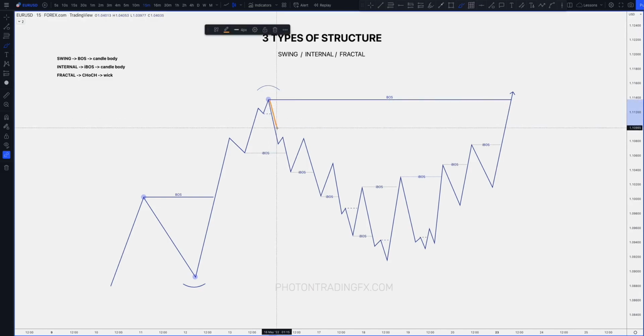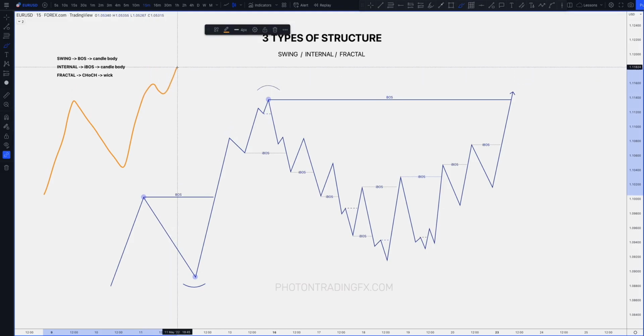So in this instance, we come down and then we take out this low here. This low is what we now call an internal low because it's a larger internal pullback that we can see, but it's not a significantly sized pullback. Obviously in the market, markets aren't perfect. They don't move like line charts. We can get these big pullbacks like this, then it can move up, have a bit of a pullback, and then have those literally tiny little pauses like that, right?